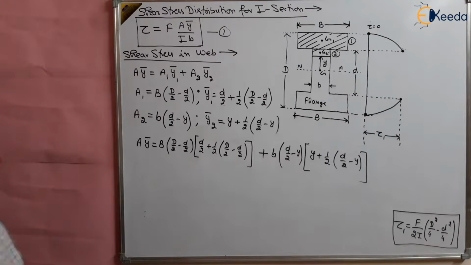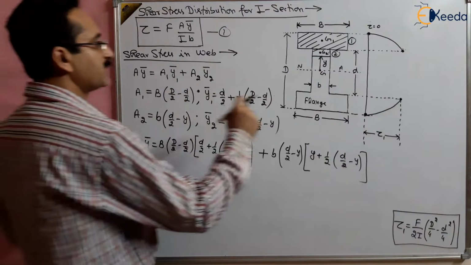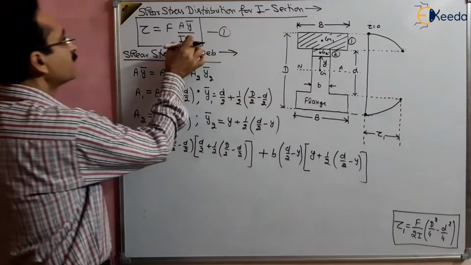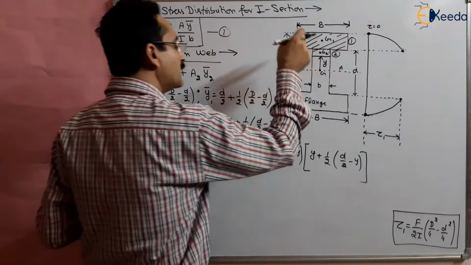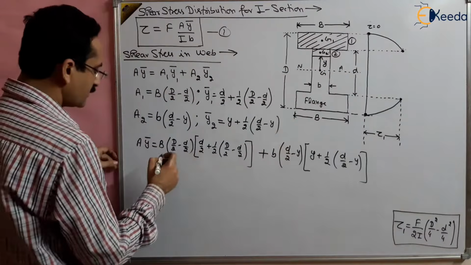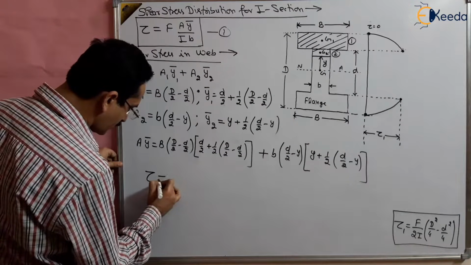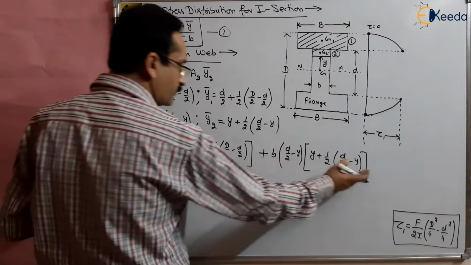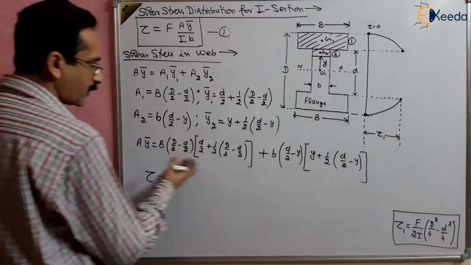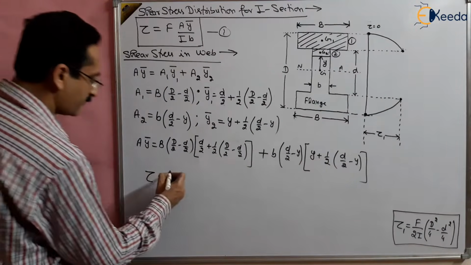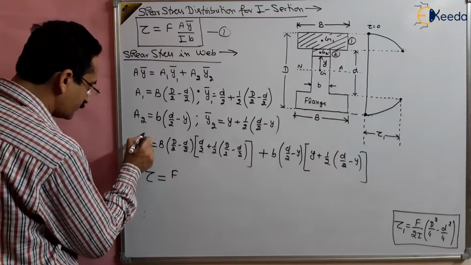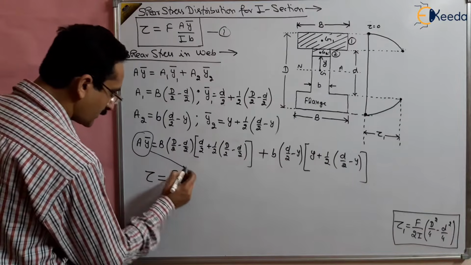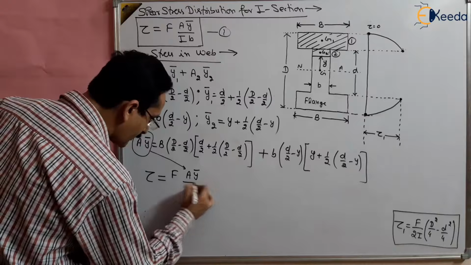And then we have to find the shear stress, and we want to find it in the web. So the width of the web will be taken as small b, because we want to find the shear stress in the web only, right? So tau will be equal to F A y bar by I b. A y bar is this value, the entire value, which we will put here, divided by I b.